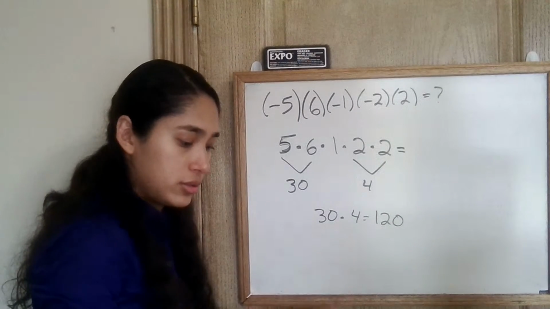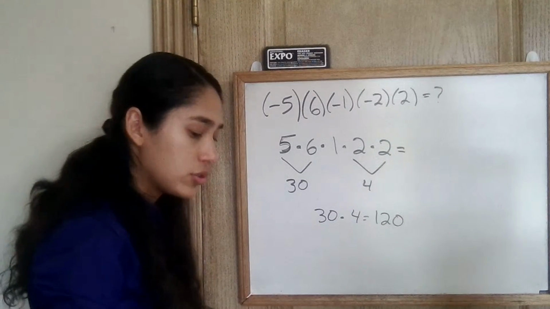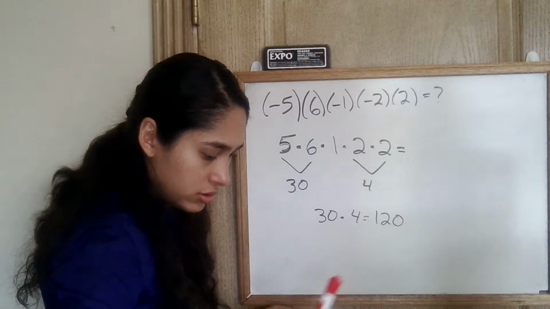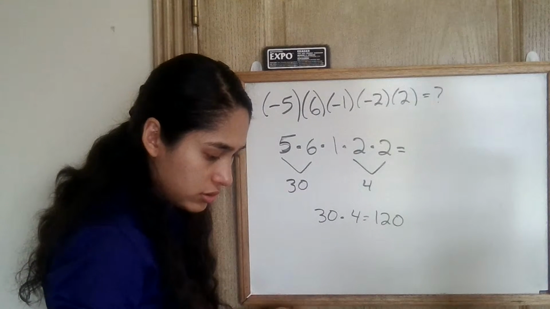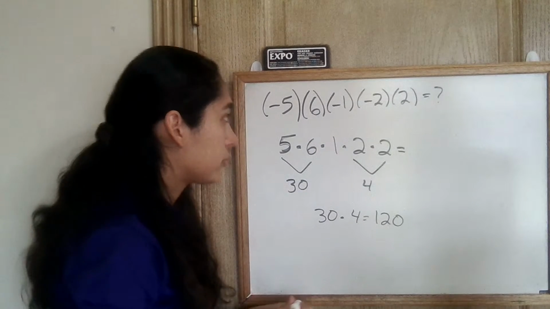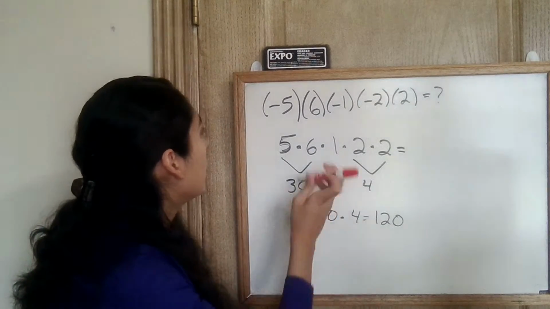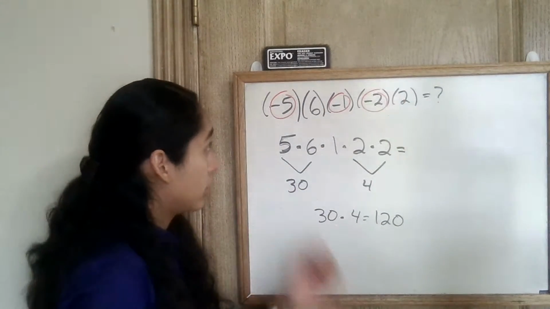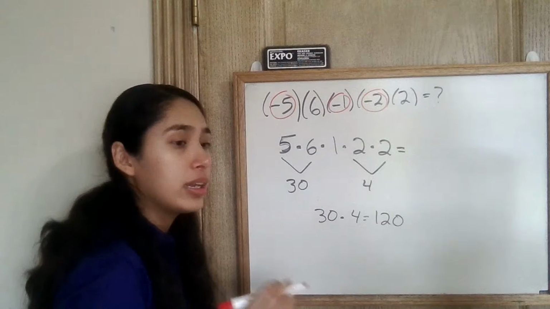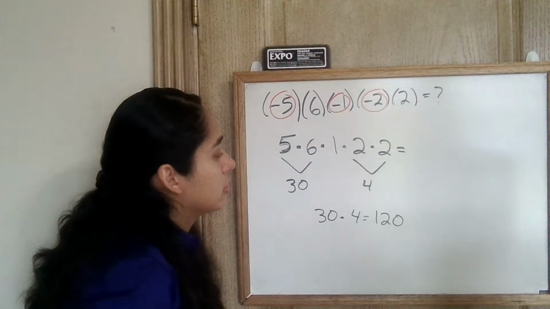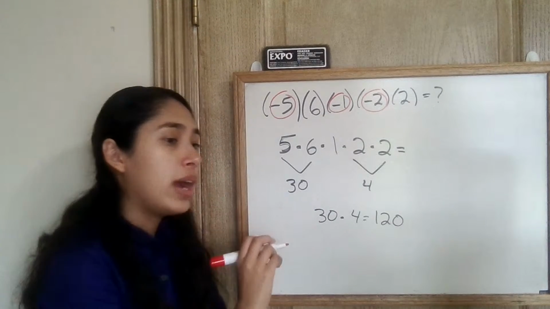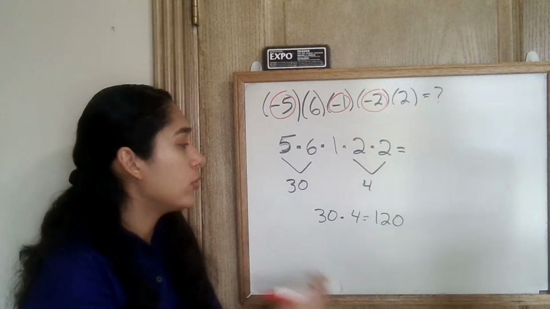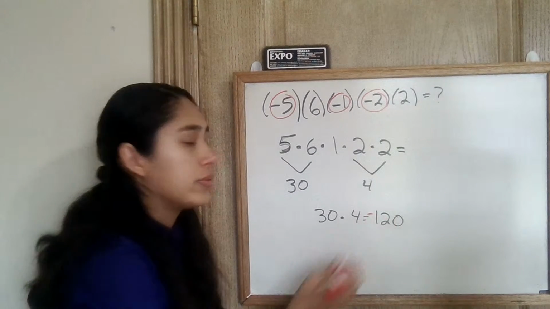Okay, I'm not done yet. Remember, signs. How many negative signs do I have? This one, 2, 3. So I have 3 negative signs. And I can say without a doubt that this will be negative.